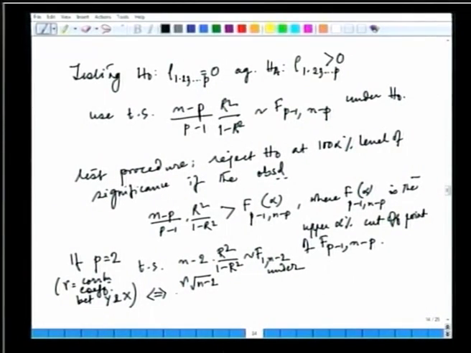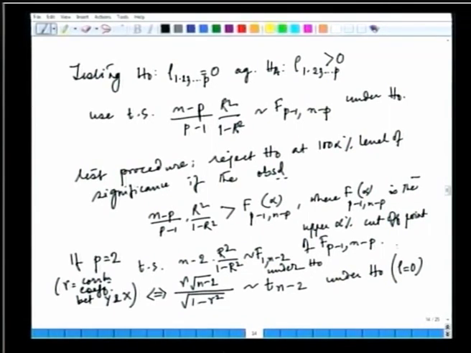So this is a two-dimensional case and we have r root n minus 2 by root of 1 minus r square following a t distribution with n minus 2 degrees of freedom under H naught, which says the population correlation coefficient is equal to 0.